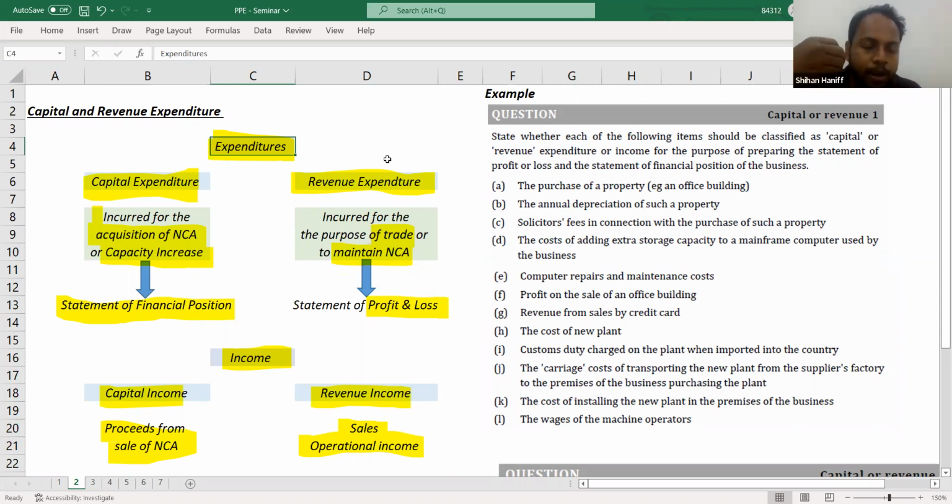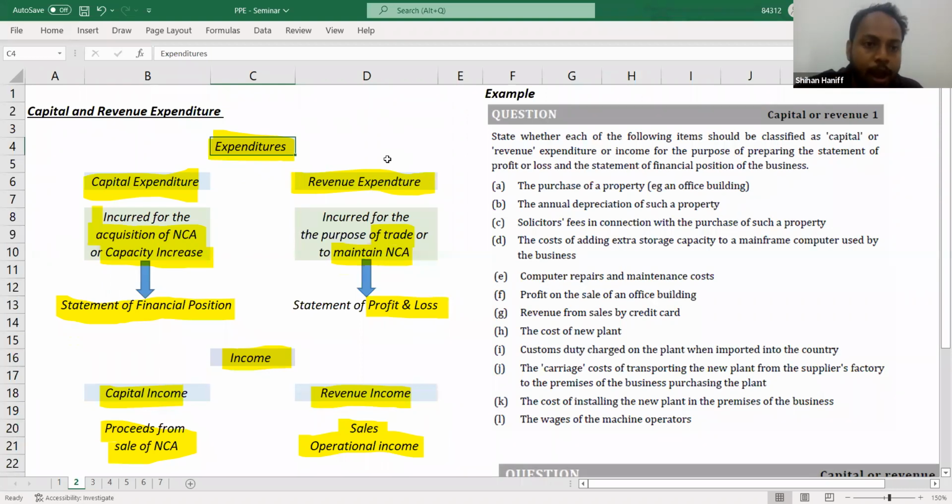One is acquiring a non-current asset, acquiring property, plant, or equipment. Property, plant means the land, building, motor vehicles, furniture, equipment, machineries, right? Acquisition, one thing. The second thing is increasing the capacity of the non-current assets. So once you incur that expense, the capacity or the efficiency of the non-current asset should increase. Then we can consider it as a capital expenditure.